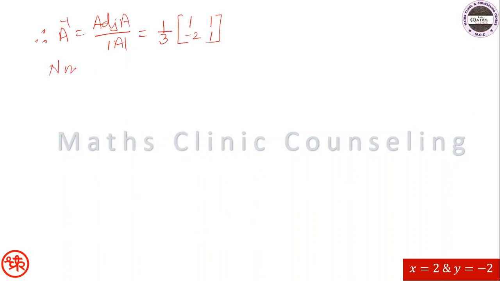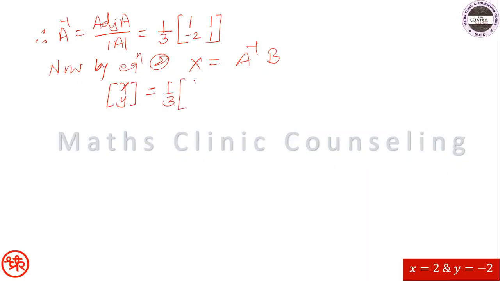Now by equation 2, what is equation 2, x is equal to A inverse into b. तो what is x, x y कॉलम मैट्रिक्स. What is A inverse, 1/3 into 1 1 -2 1. और b क्या है, what is b, 4 2. अब ये मैट्रिक्स है 2/2 और ये मैट्रिक्स है 2/1, तो फाइनल रिजल्ट आएगा 2/1.